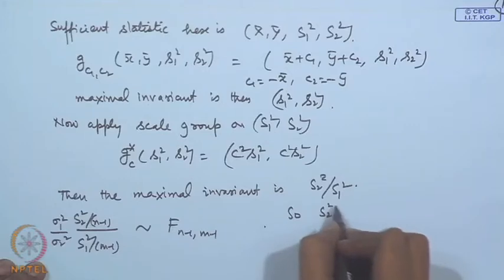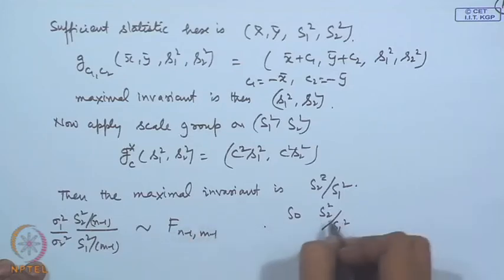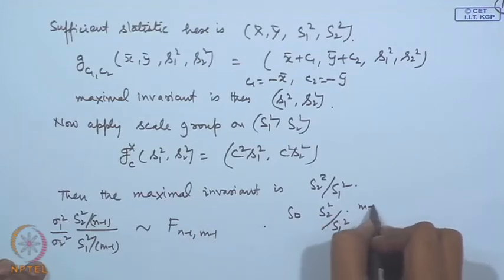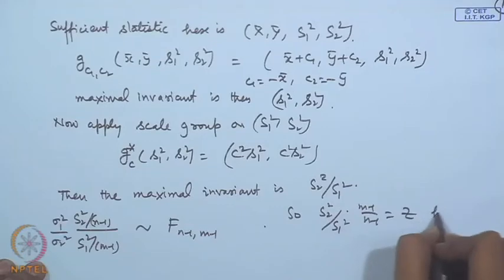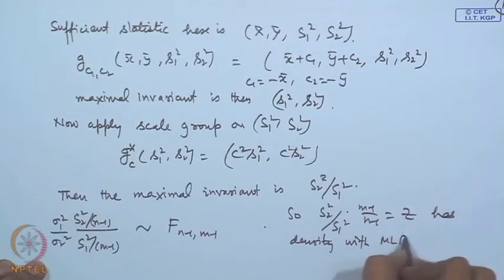So, S2 square by S1 square, let me call it Z here, this into (m minus 1) by (n minus 1), has a density with MLR in tau, that is, sigma2 square by sigma1 square.